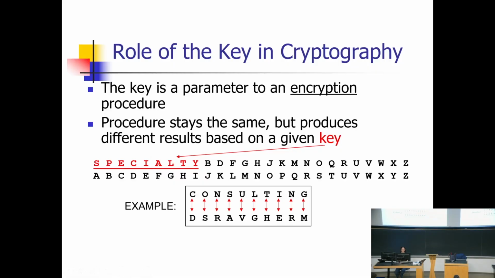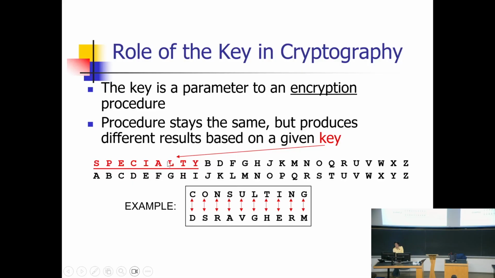This is very simple. It is not what an actual DBMS does in practice, but this is just for the sake of an example in the class. Let's say your key is specialty, the red one, and my algorithm works like this. I write all other alphabet letters after this that are not included in my key. For example, should I write A? No, because A already exists in my key, right?